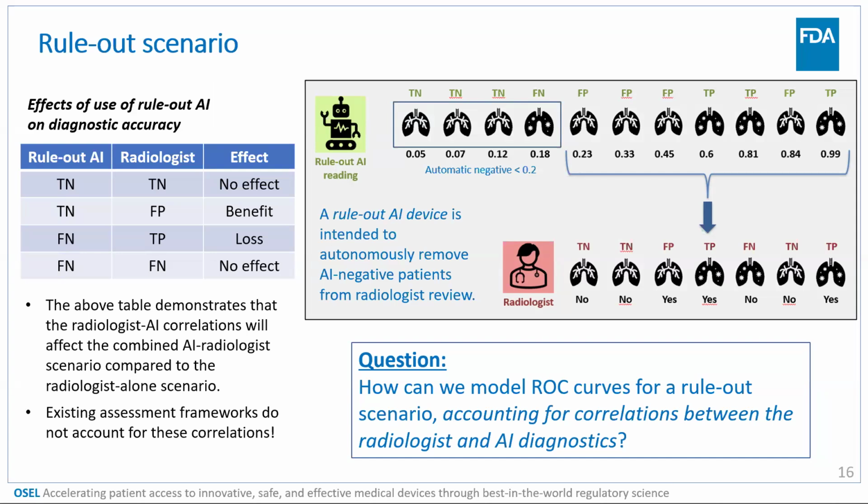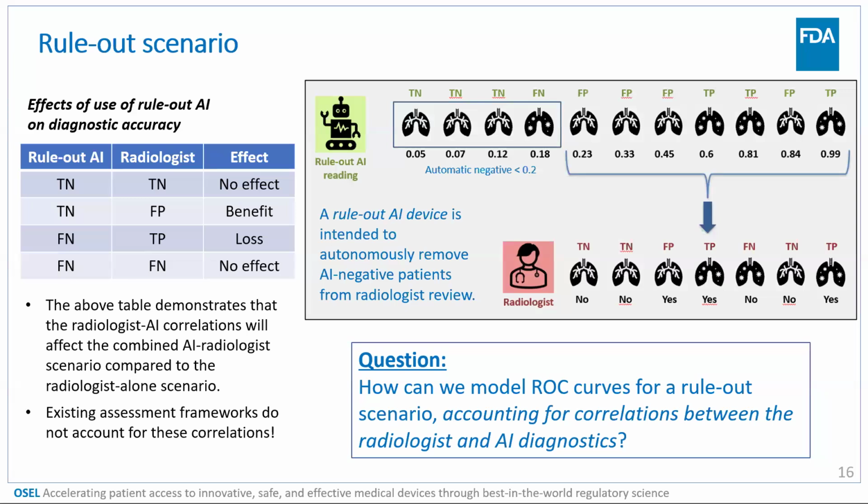This table doesn't fully capture all the benefits and losses, because there's also a benefit to radiologist workload. If they can spend more time on more complicated cases, that's another benefit to a rule out device. So there are a lot of things to consider, but we're interested specifically in the diagnostic accuracy.